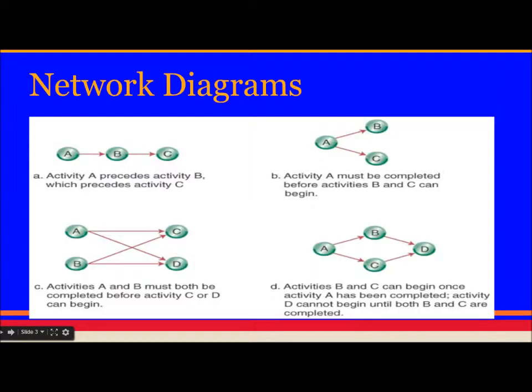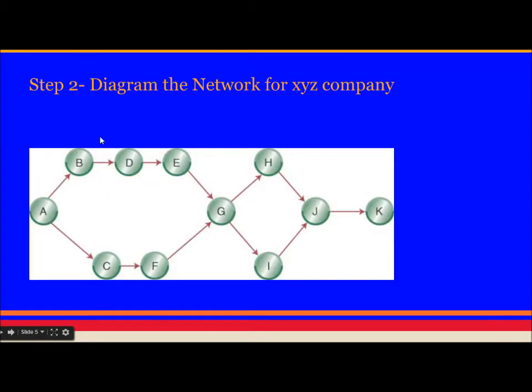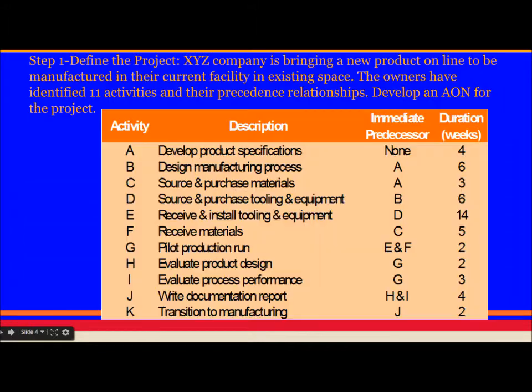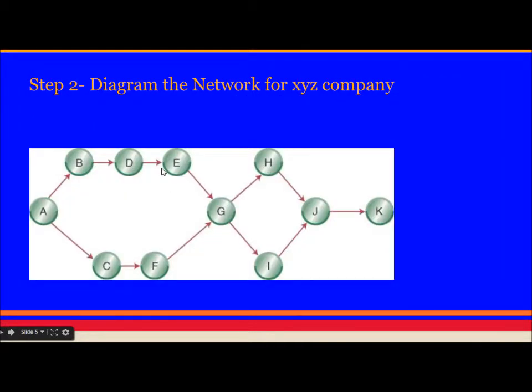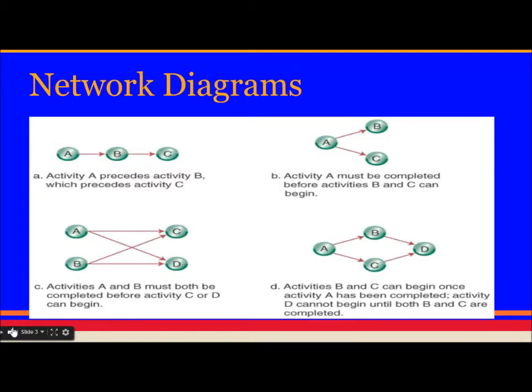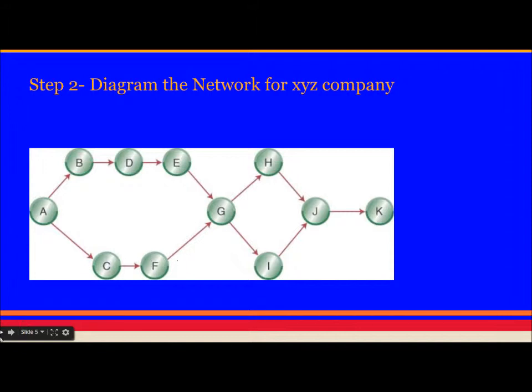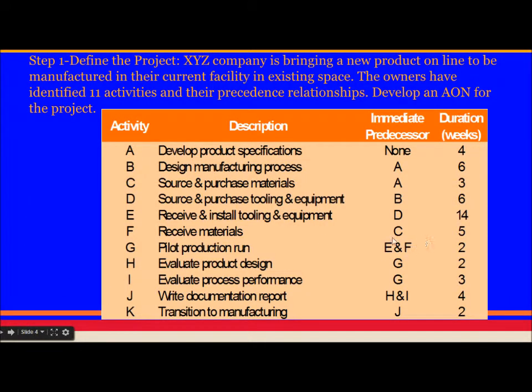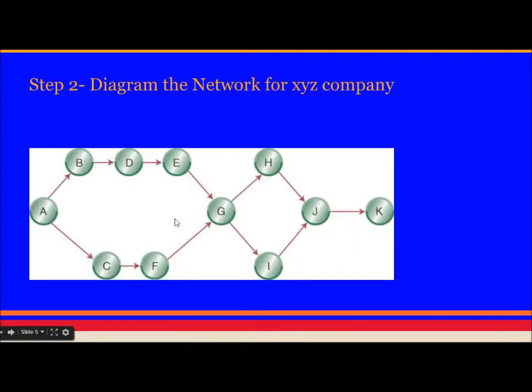So after B we can write D. Activity E can only start when D has completed, so after D, we can write E. F can only start when C has completed, so after C, F. G says both E and F should be completed, so E and F should point to G. E and F pointing to G.